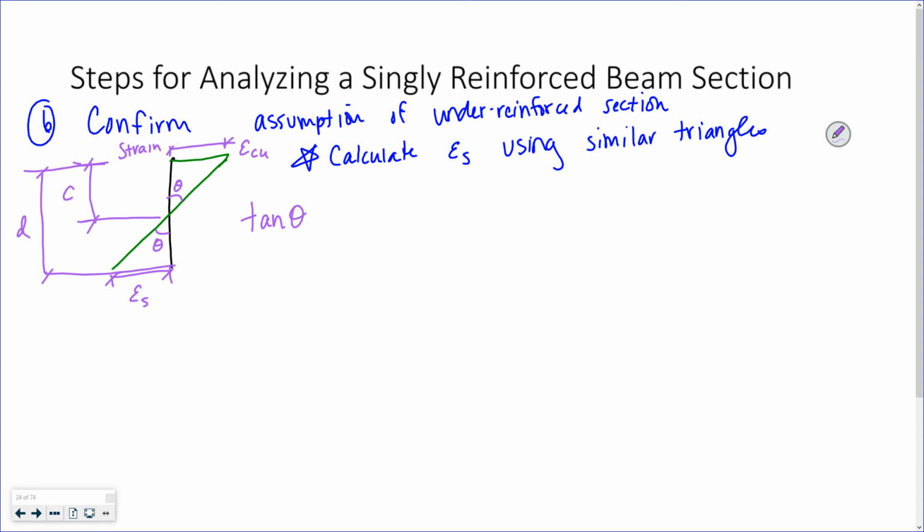Tangent theta, if I look at the top triangle, is equal to opposite over adjacent, ECU over C. If I look at this angle, theta is equal to opposite, ES, over adjacent. This distance from here to here is D minus C.